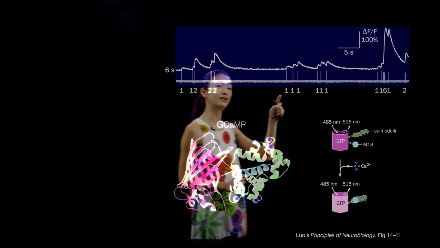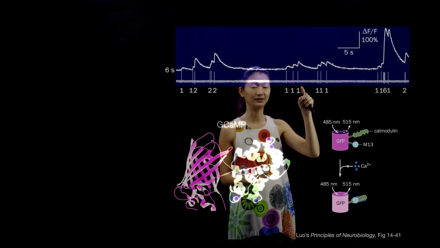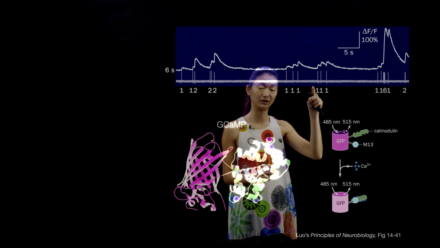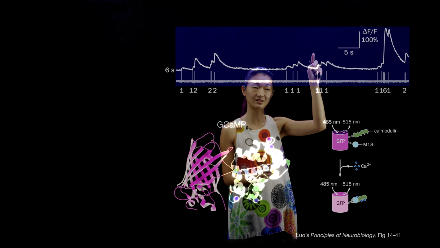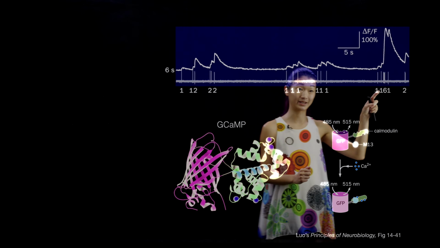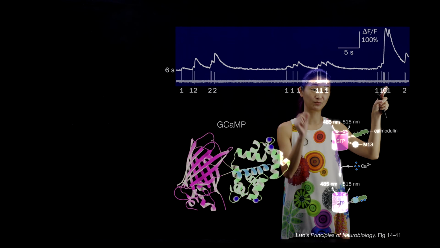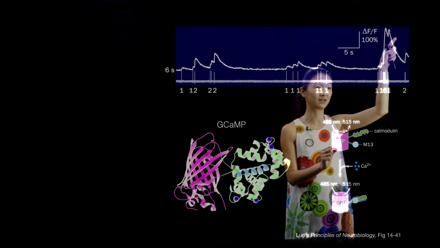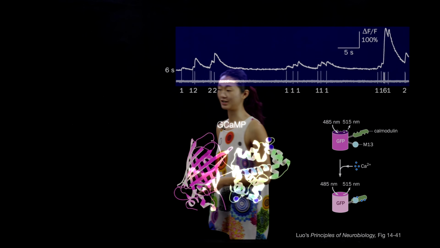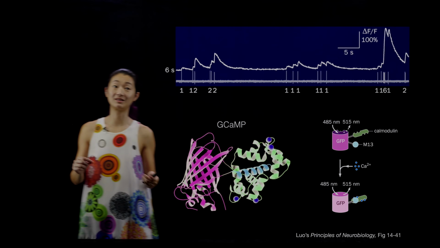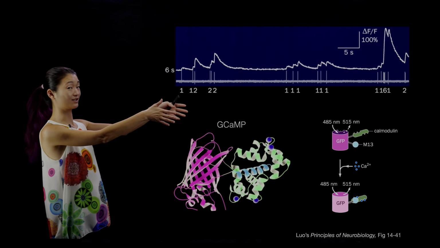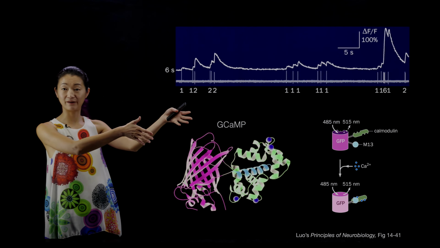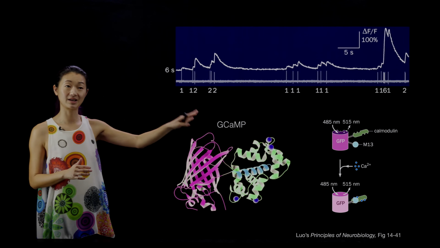Here you see that there's 3 action potentials, one, a little pause, one, a little pause, another one, a little pause, so it goes up in 3 little steps. Here the cell gets really excited and it fires 6 action potentials in rapid succession. So this is what's causing this giant, huge leap in the fluorescence of the GCaMP signal. The fluorescence is much, much higher when the cell is firing 6 action potentials at the very far end of this diagram on the other side.